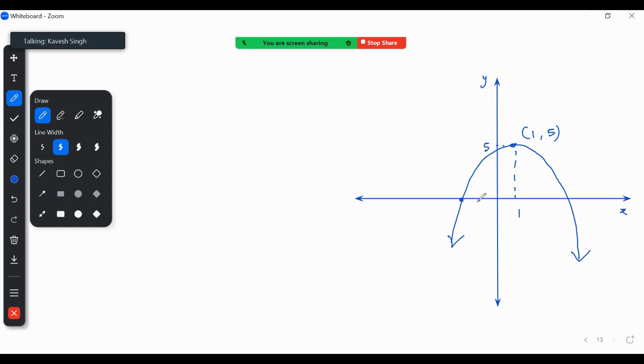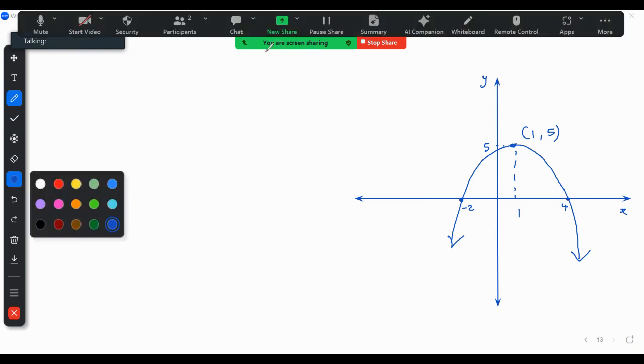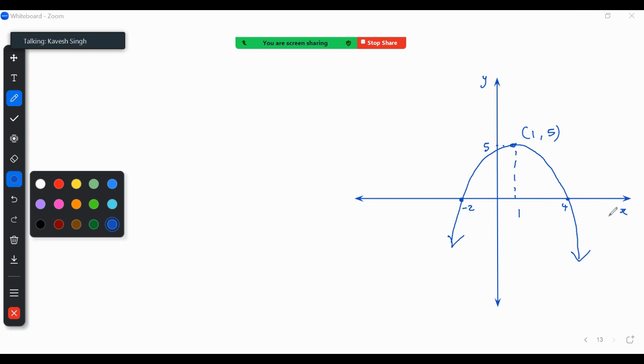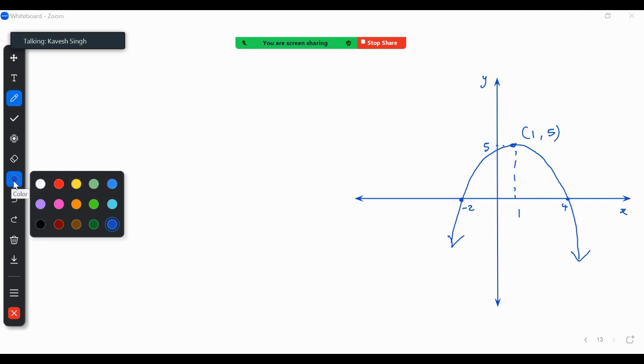And it goes all the way till negative 2 here and 4 here. Let's make sure, yeah, this is 3 this way, 3 this way, so that's all good. So you can use one of these points if you need to get the equation, get a.